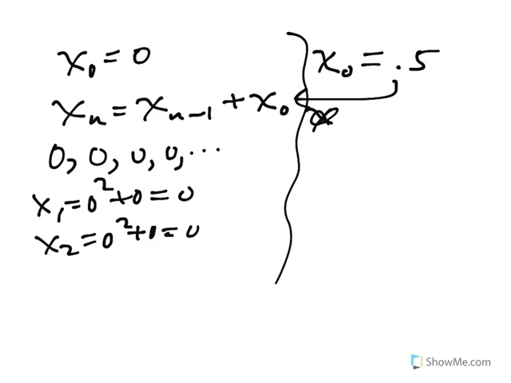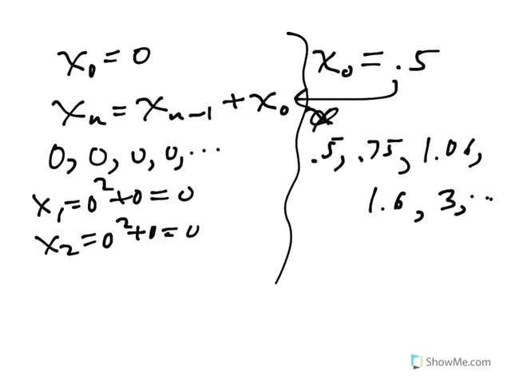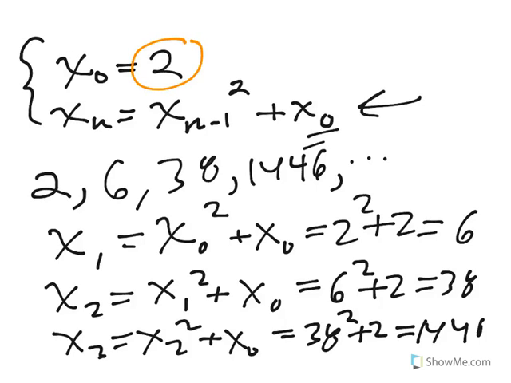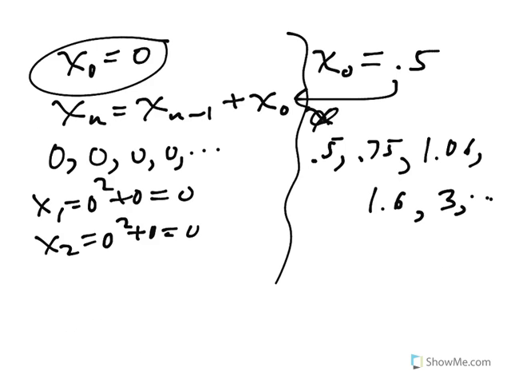Well, I'll tell you that when you use 0.5 as your starting value, it actually does increase: 0.75, 1.06, 1.6, and then it gets up to 3, and it's eventually going to get really large also. So 0 is one that does not get very large, but 2 and 0.5 are both things that will get really large.